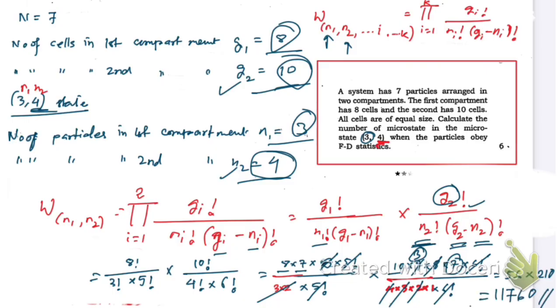This is the answer, that is the required number of microstates in (3,4). So right, hope you have understood this.